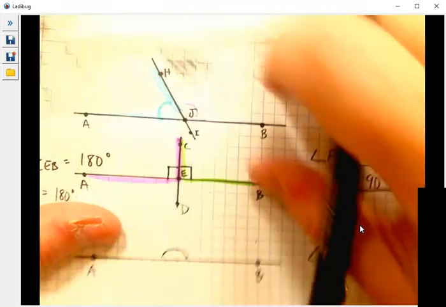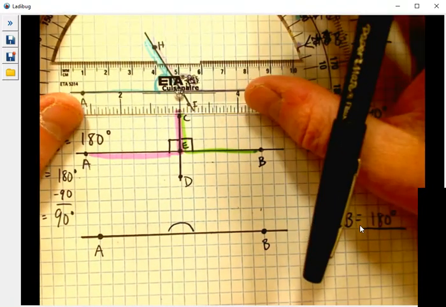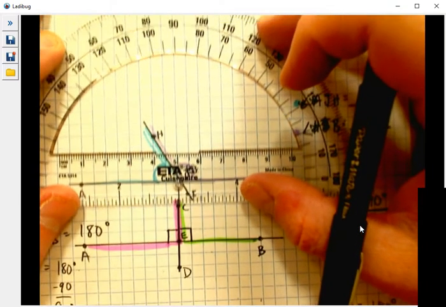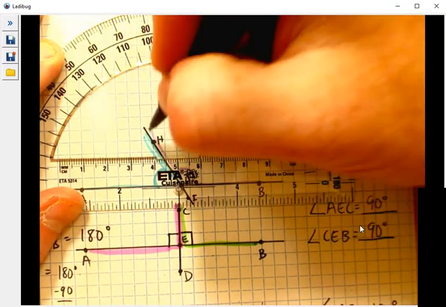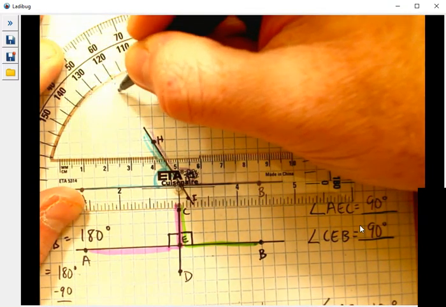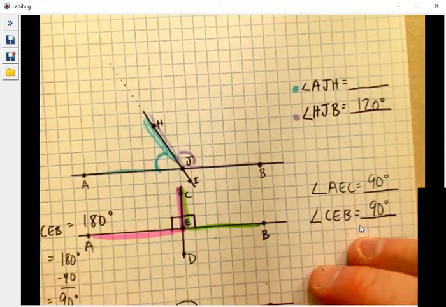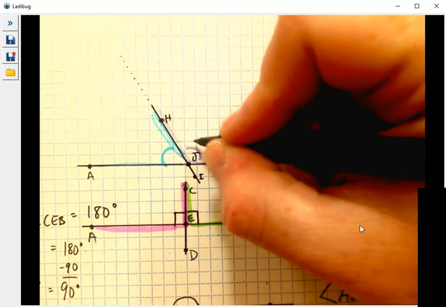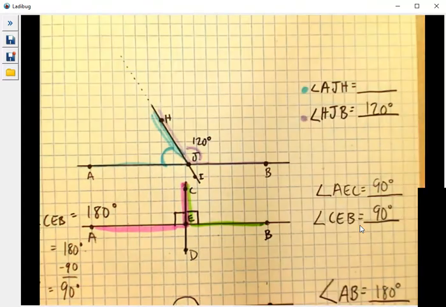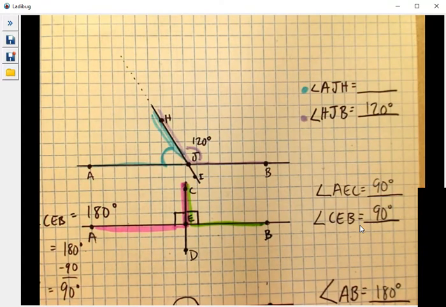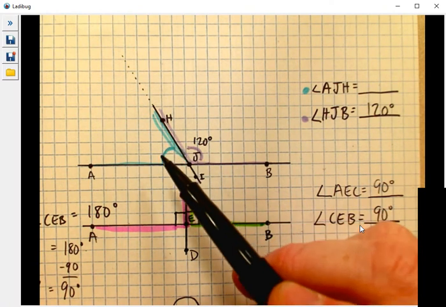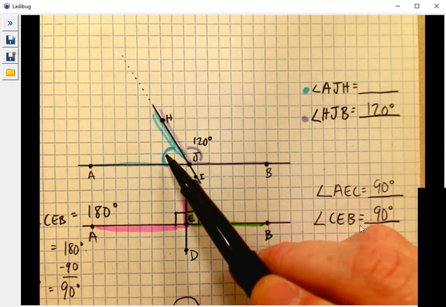So I use my protractor. If I connected my line here outward, it would line up at 120 degrees. So HJB, I say, is 120 degrees.